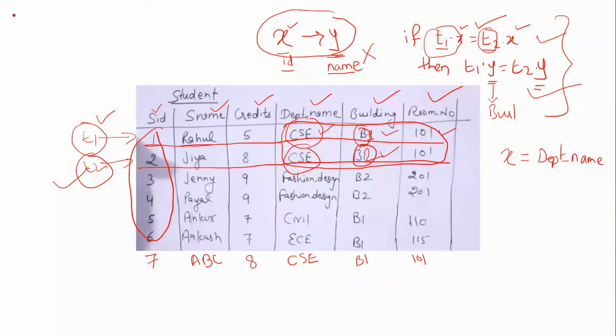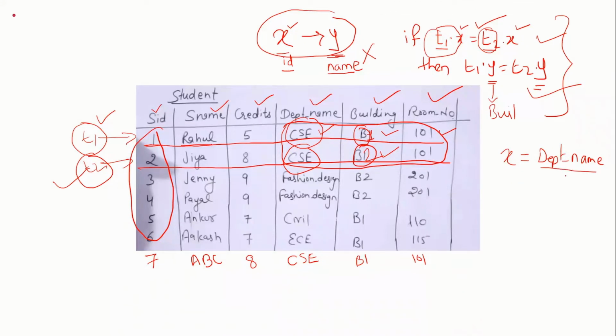Because when you understand functional dependency, only then are you able to understand the next concept of normalization. Functional dependency is not only for one particular attribute; it can be a combination of more than one attribute. As I told you, this X was only the department name.